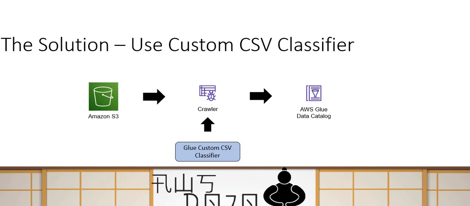So the solution is that you create a custom CSV classifier first, and then you configure that with your crawler. And when you do that, your crawler will start cataloging the data in the desired way. So how exactly do we configure these custom classifiers for the two scenarios? Let's take it one by one.